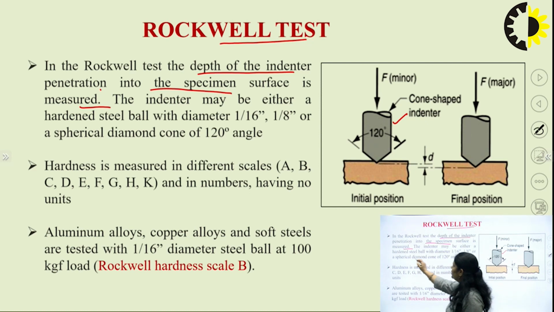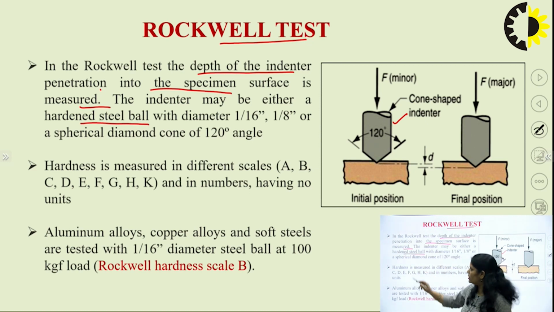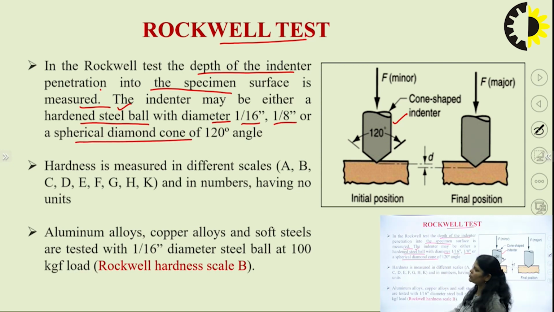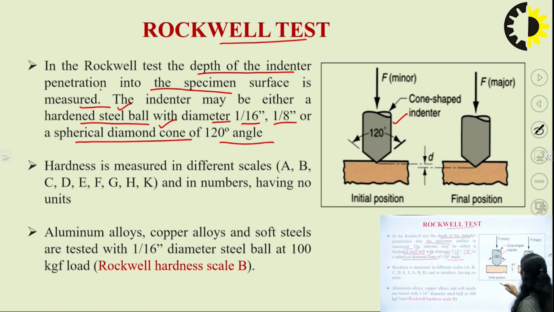Their shape is either made of steel and is ball shaped, like we can use the hardened steel ball with a diameter of 1/16 inch and 1/8 inch, and we can use the spherical diamond cone also, a diamond shape indenter with an angle of 120 degrees. In this case we can see the initial position, the indenter position here, and this is our specimen, this is the indenter with an angle of 120 degrees.